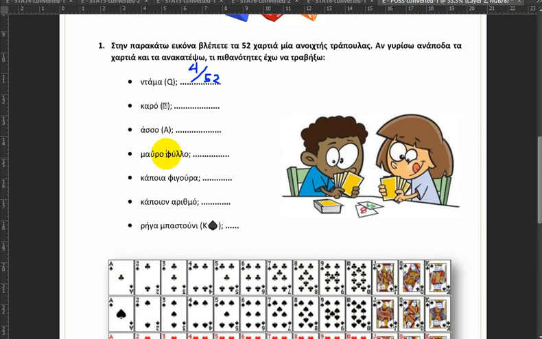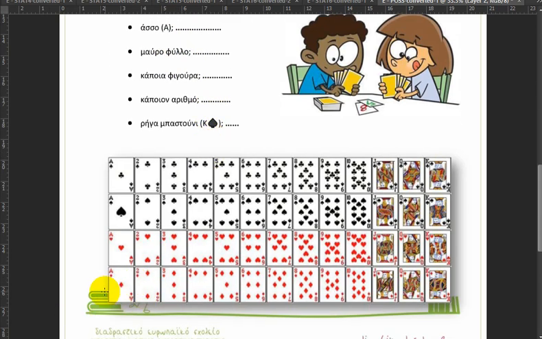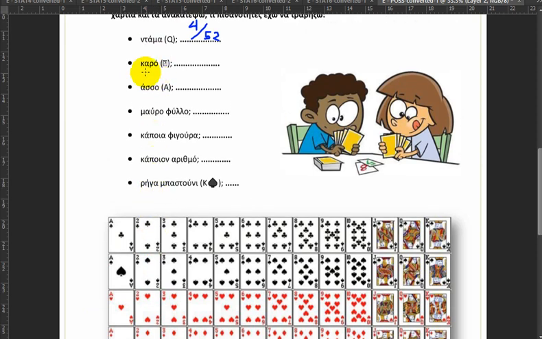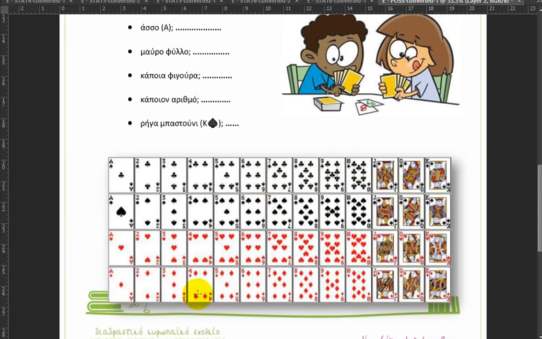And we can simplify that fraction if we want to, but the whole point here is to understand the probability concept.